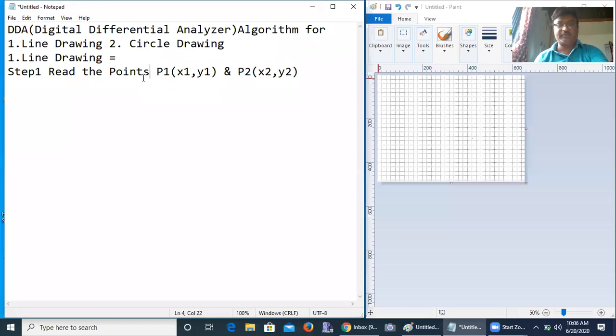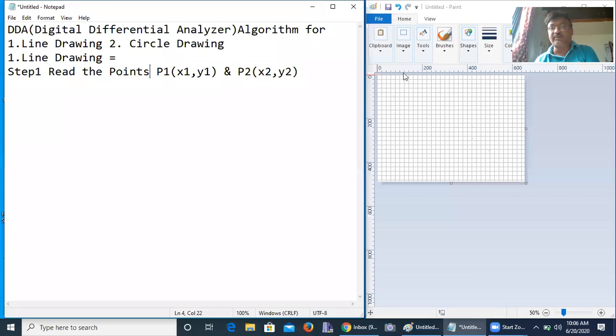Read the points, that is P1 x1 y1 and P2 x2 y2. See, this is the screen I have kept over here on the right hand side. This is going to display your monitor screen, and here the starting coordinate is 0 0.